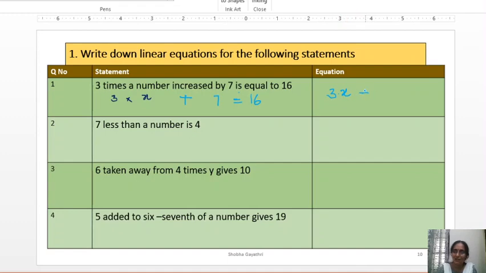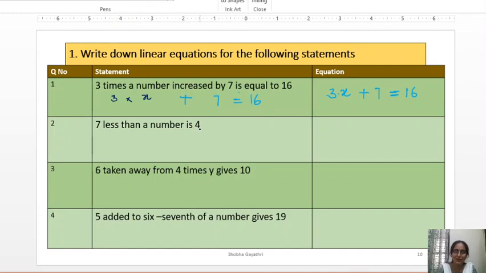Because the multiplication sign will confuse with x, that's why we will not write it. 3x plus 7 equals 16 is your equation for the word statement. Word by word you can translate, but you should understand the meaning of the word statement first.